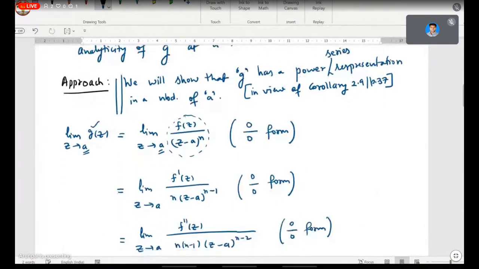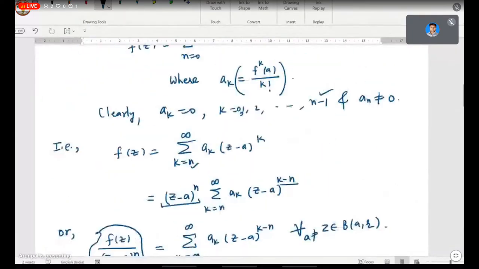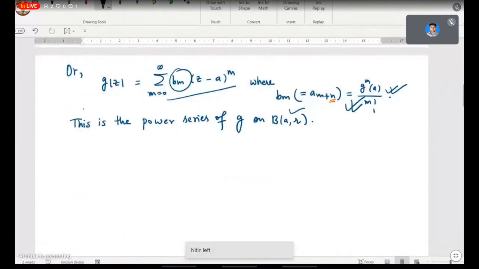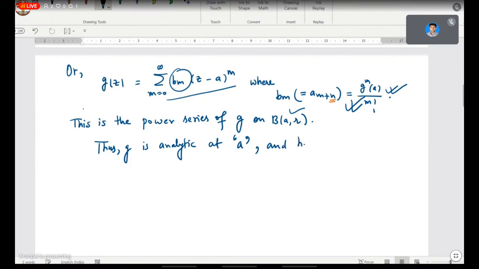So once we have shown that g has a power series representation in a neighborhood of a, hence g is analytic at a, and hence on G, because the analyticity of small g on G minus a was already established trivially. Is this okay, class?